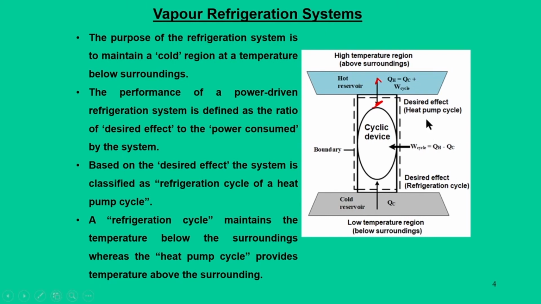If our desired effect is the hot reservoir, that means our main requirement is, for example, if you have a house which requires heat as input and you need to supply heat into that house or apartment, then that becomes a heat pump cycle, because that is our desired effect, and the work input would be W cycle.